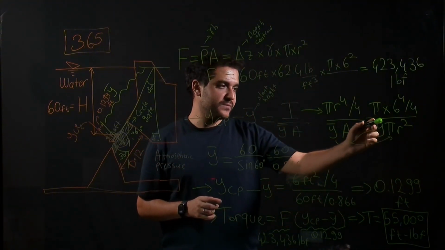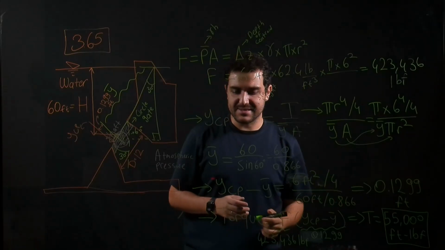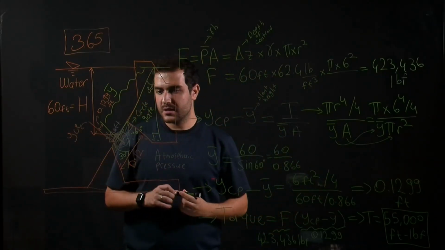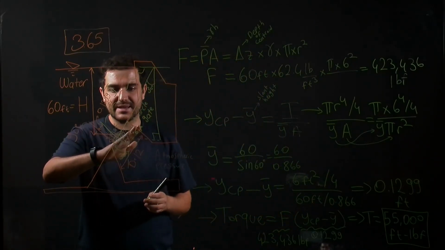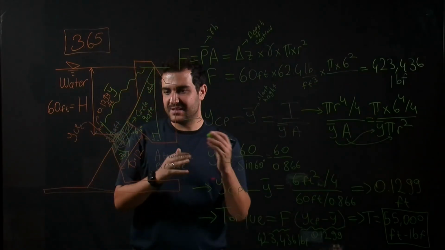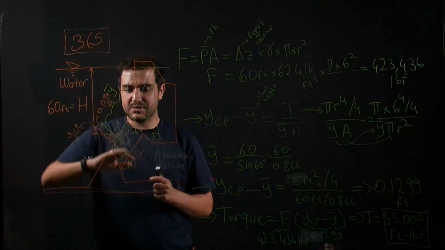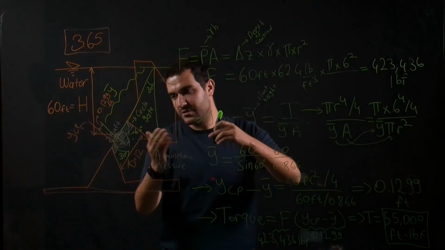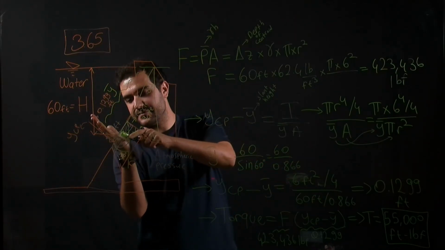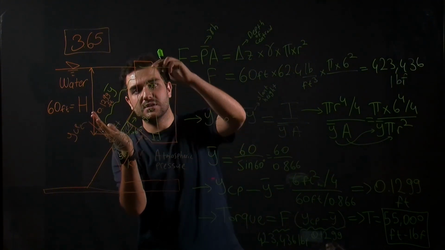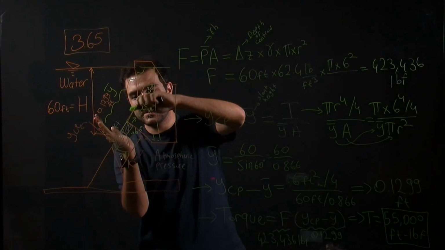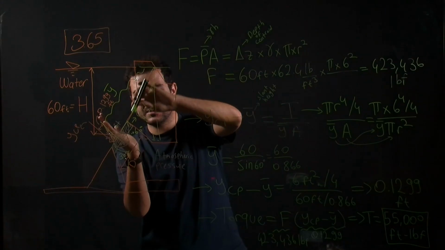The only unknown for now is y bar, which is the slant height. Since this gate is inclined, we need to find slant height instead of directly using depth of centroid, in other words the distance from this centroid to the water surface along the slant.